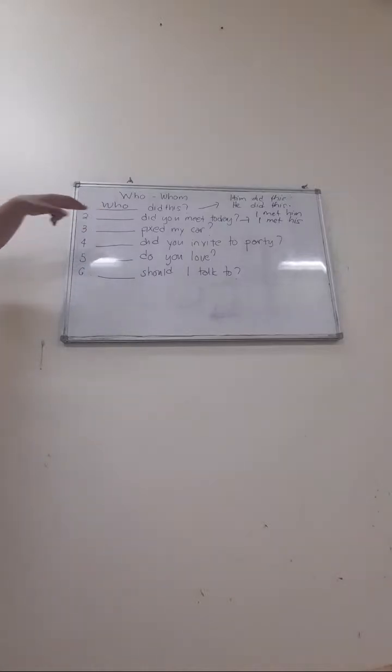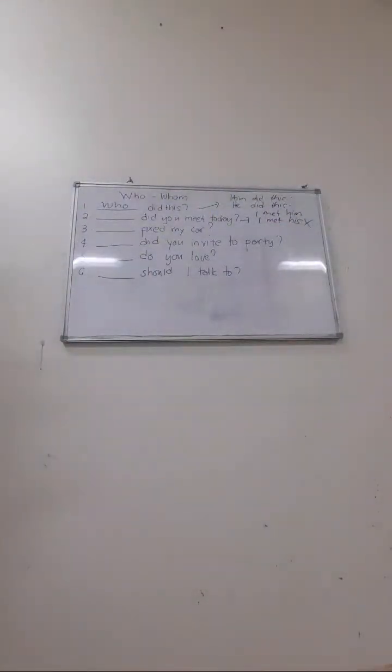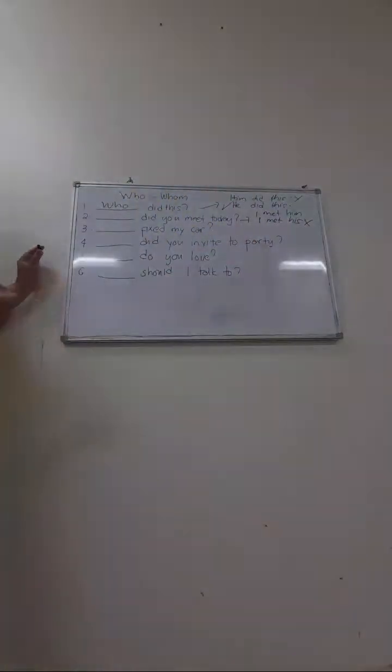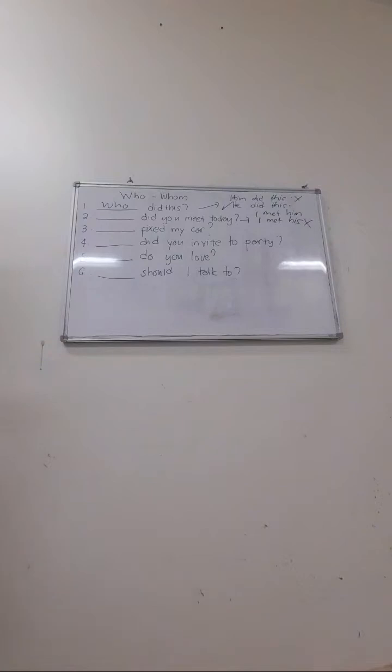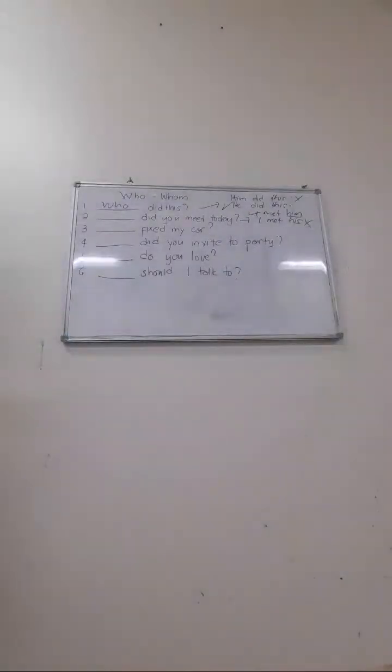Okay, number two: "Blank did you meet today?" So, "I met him" or "I met his." "I met his" is wrong grammar, so X. Just like in the first, "him did this" is wrong grammar. So you put a check on "he did this," and in number two, I will put a check on "I met him." So when using "him," it's going to be "whom."